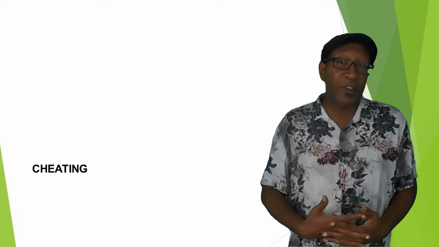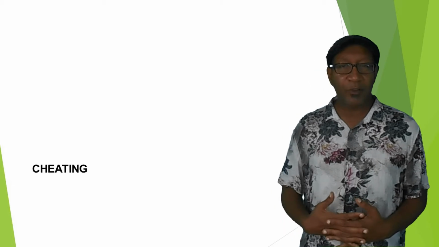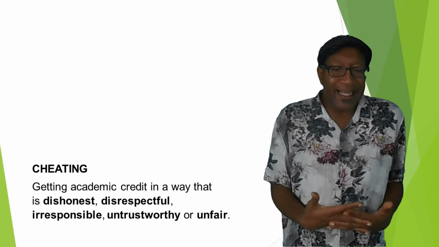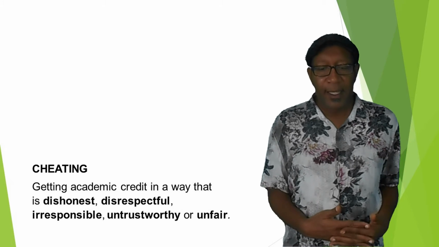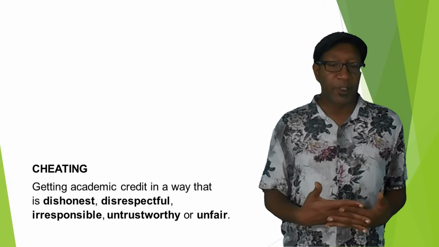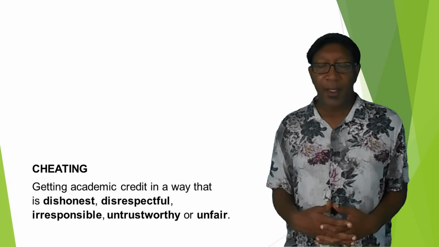Talking about assessment, it's really important, I would say it's essential even, to talk about cheating. So, first of all, what's the definition of cheating? Cheating means getting academic credit in a way that is dishonest, disrespectful, irresponsible, untrustworthy, or unfair.